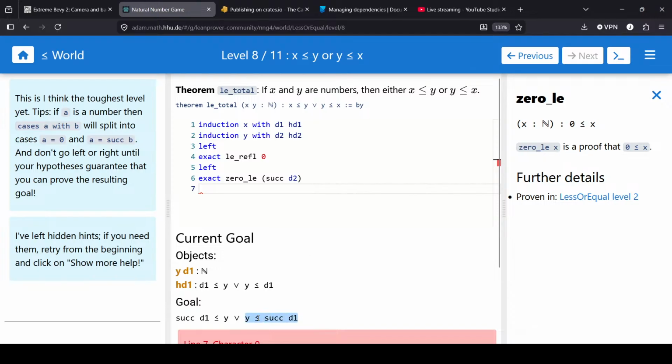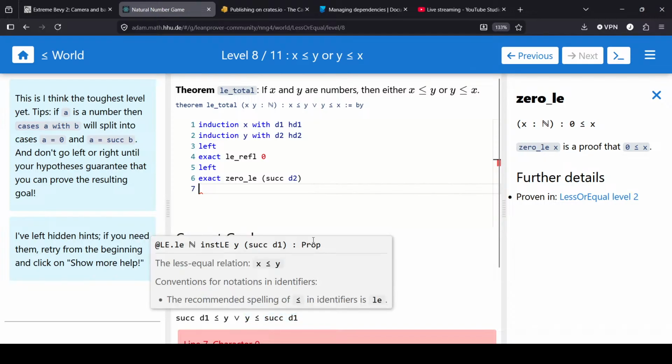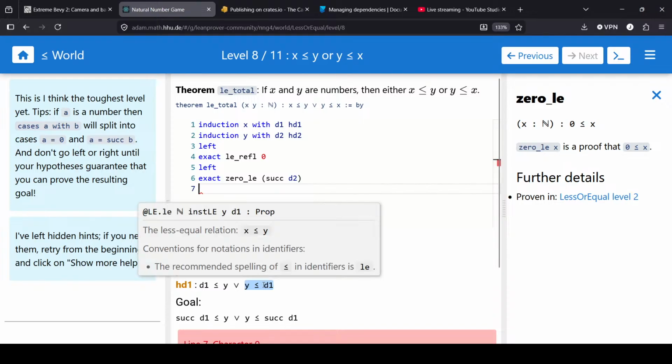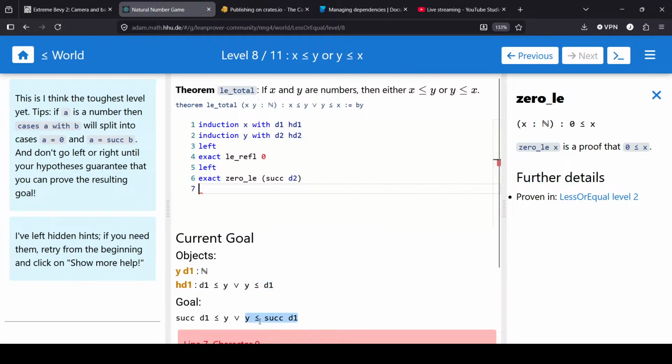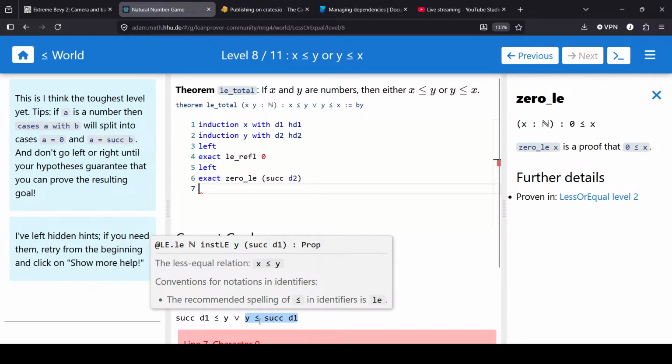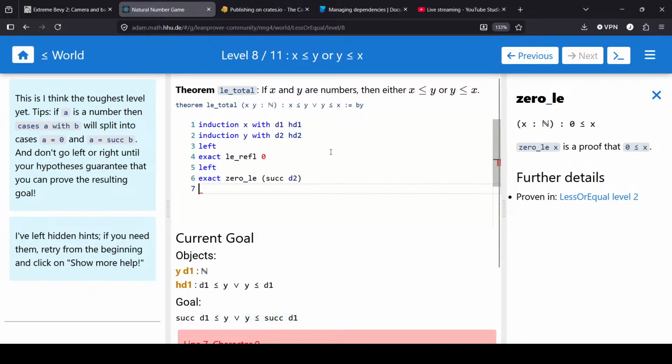No, I probably want this, don't I? So if Y is less than or equal to D1, then Y is less than or equal to successor of D1. That would make more sense.